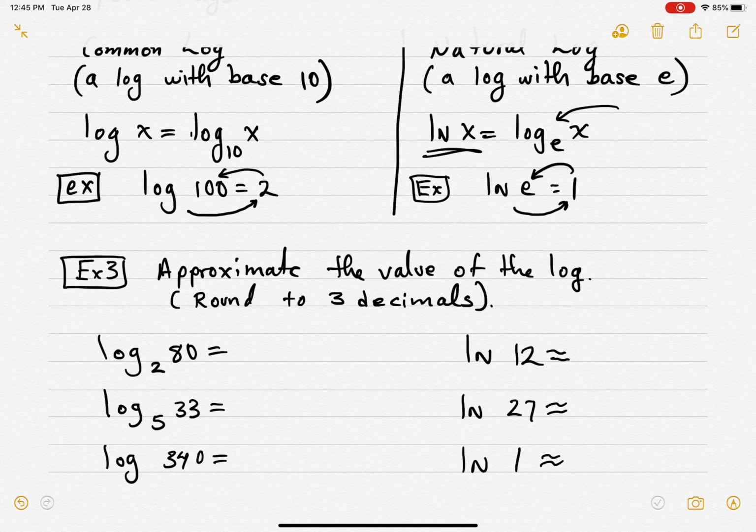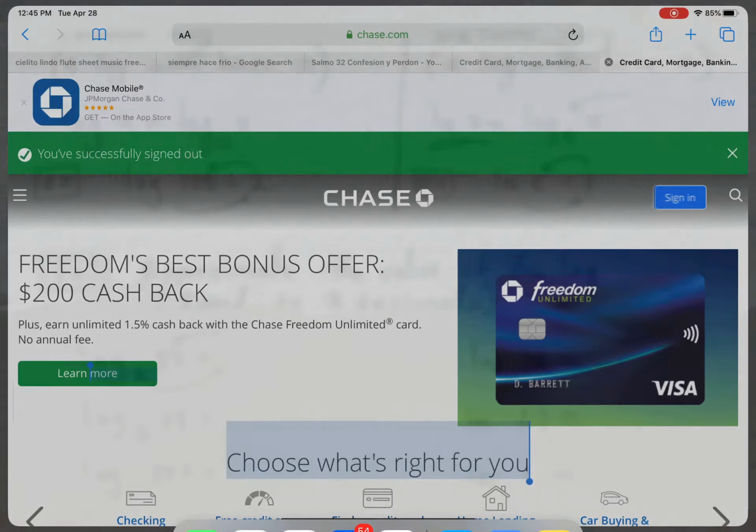Okay, so what we do here is we need to get a calculator because we don't know exactly 2 raised to what power makes 80. Well, it's going to be a decimal. It's going to be an approximation because 80 is not a power of 2.